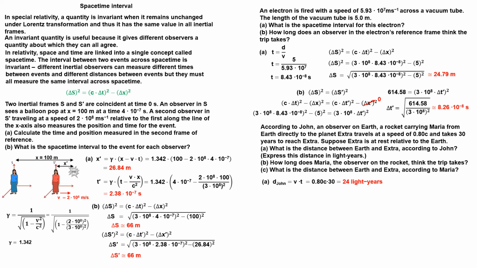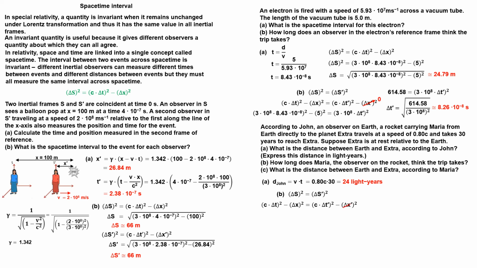To solve item B, the value of the space-time interval between the events of Maria passing Earth and Maria reaching Zeta is the same for John and Maria. So we use this fact to calculate how long Maria thinks the trip takes. Maria is present at both events.